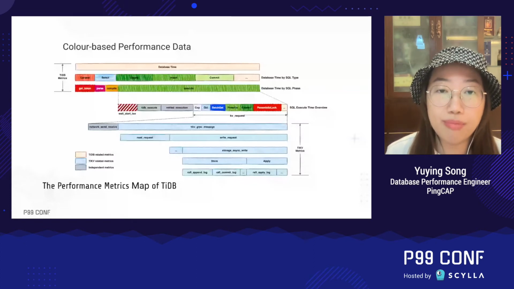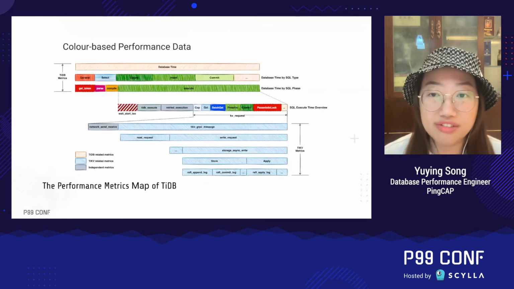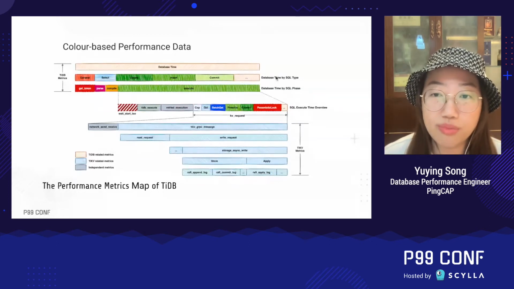There are 3 important charts at the top of the new dashboard we created. We use different colors to mark different parts of the database time in these 3 charts. We divided DB time into different dimensions.